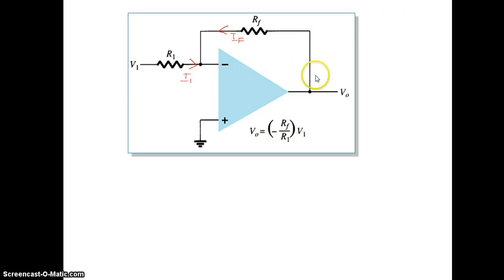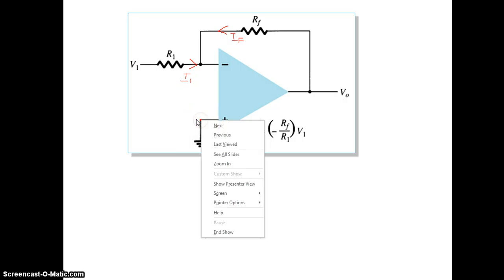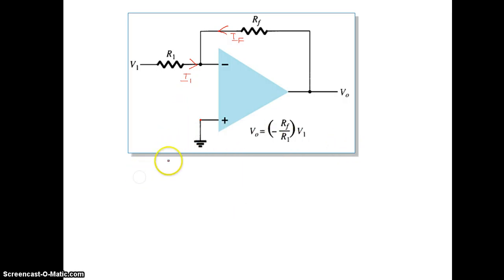So this is the same diagram of your inverting amplifier. Now see the non-inverting input terminal. This is the non-inverting terminal. It is connected to the ground, so the voltage at this point should be equal to 0.